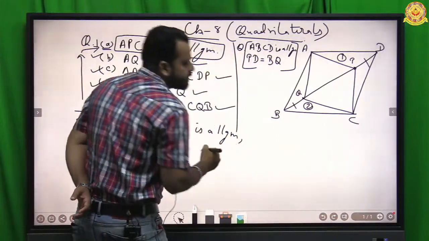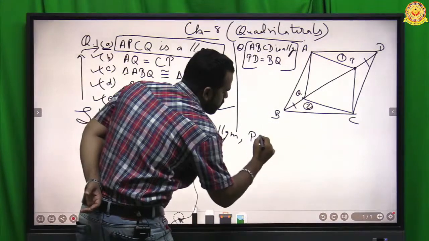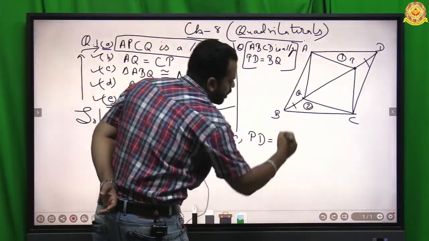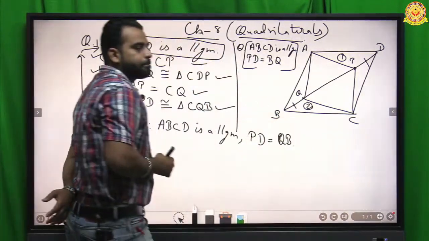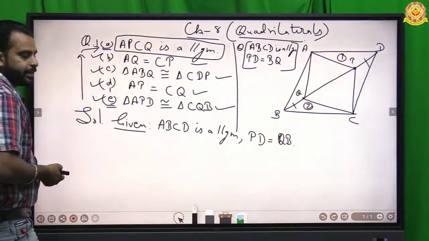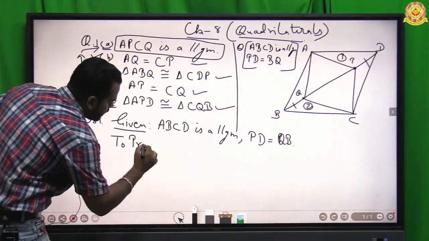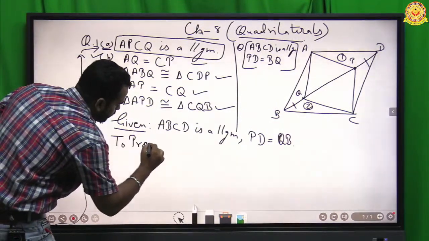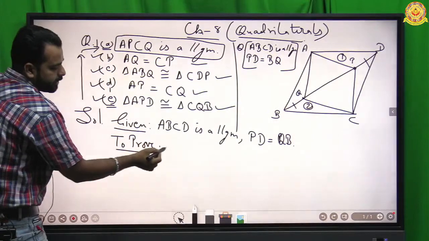And secondly, it is given that PD is equal to QB. Now what we need to prove here, you can write under 'to prove'.